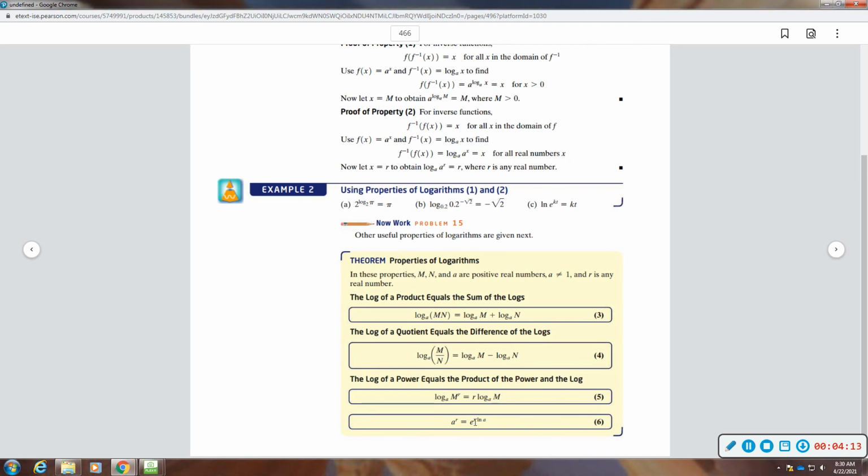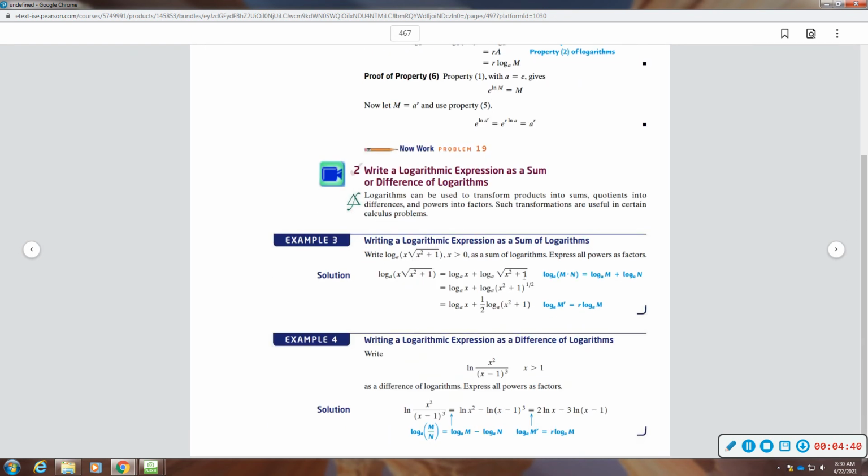But I guess basically what you see is if you were to take that power of r and put it back up here, because you can move it back and forth, you would have ln of a to the r, and then ln has an understood base of e, so that e and ln would cancel each other out, and you'd be left with a to the r. So that's the idea there. Look at that one for a moment.